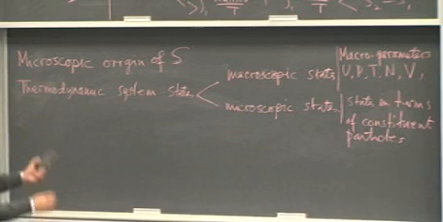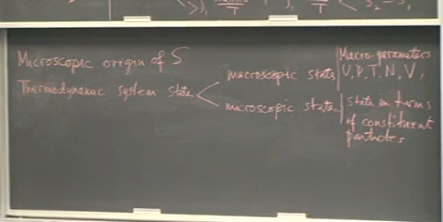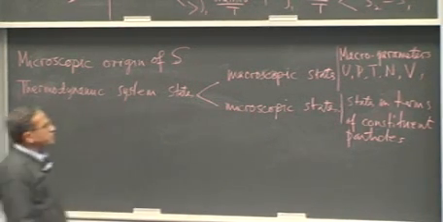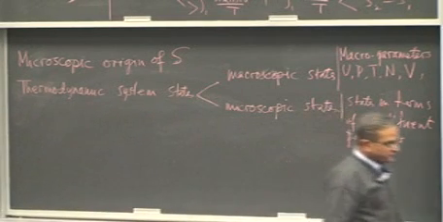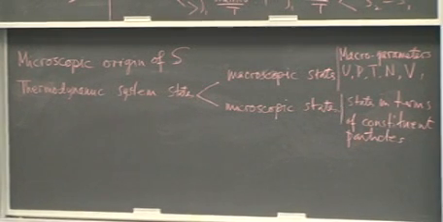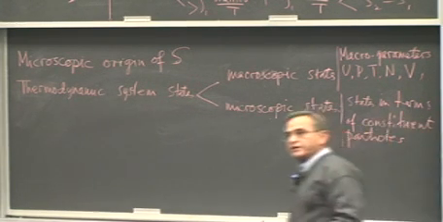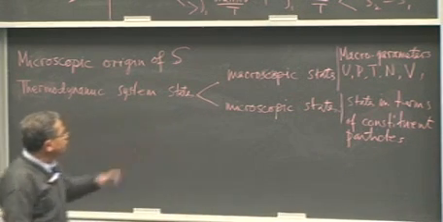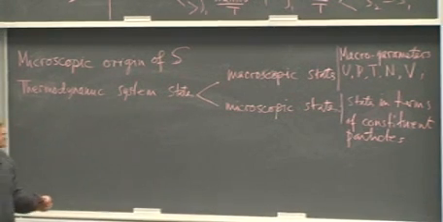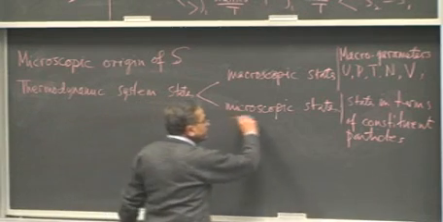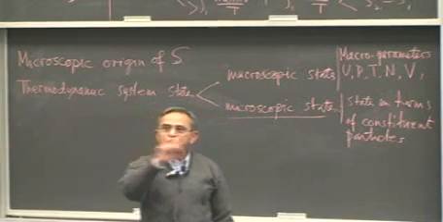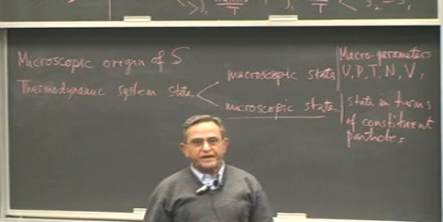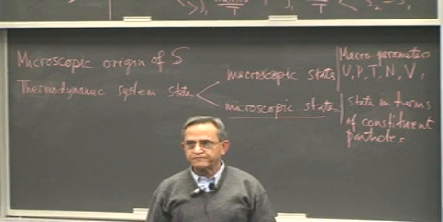So there would be the kinetic energy of individual particles, and there will be potential energy among particles, there will be masses of particles, and there will be angular momentum of particles, and so on and so forth. These will be the atomistic, molecular properties of the constituent particles, and those would be the microscopic properties. And if you define states in terms of those details, those will be the microscopic states of the system.